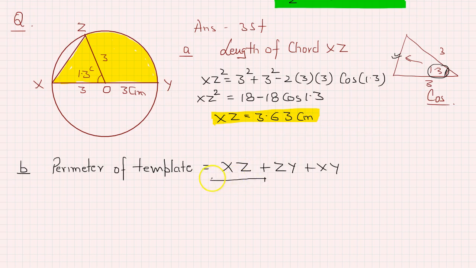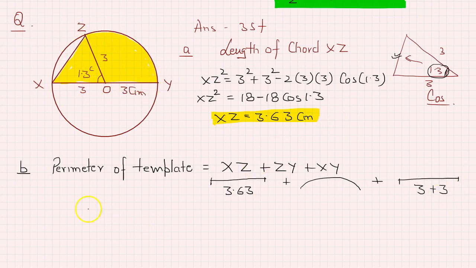XZ is a line, plus ZY is a curve, plus XY is a line. Now what we have here is XZ. We have already calculated 3.63. XY is a diameter, so that is 3 plus 3, and the only thing we have to calculate is this length, ZY.